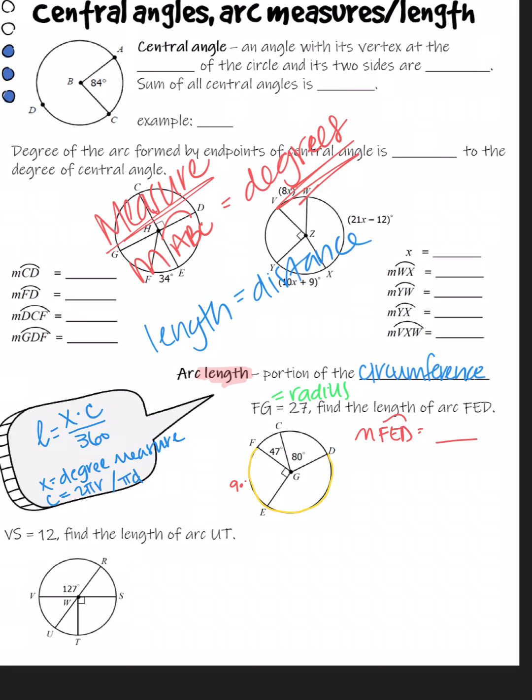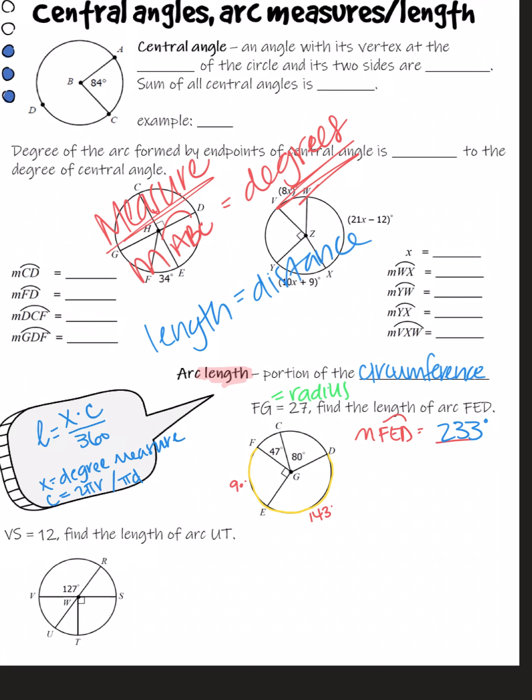If we take our total 360 and subtract 90, 47, and 89, then we get that this portion is 143 degrees. Now I'm going to add the 90 plus 143, and that is 233 degrees.